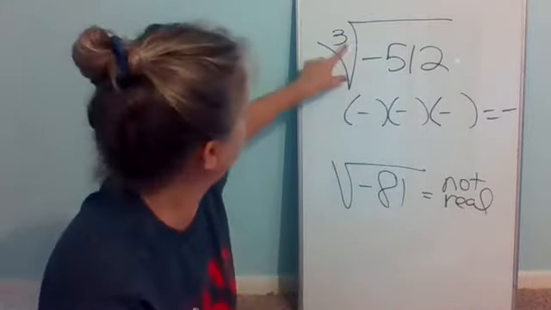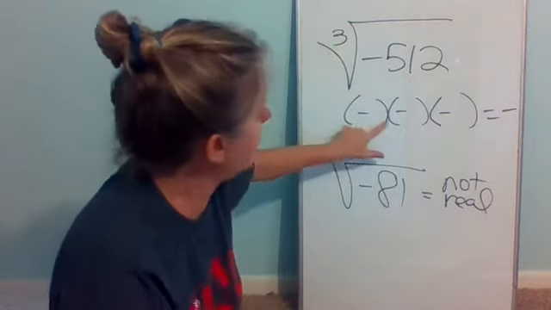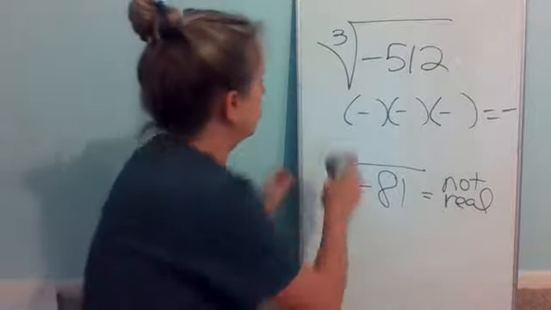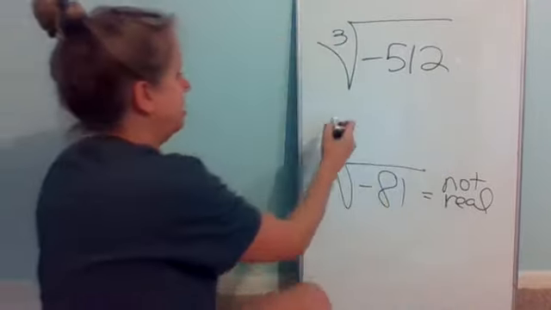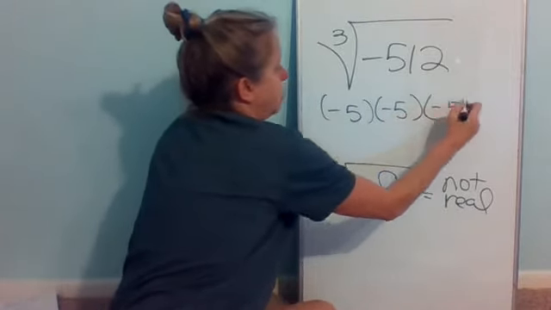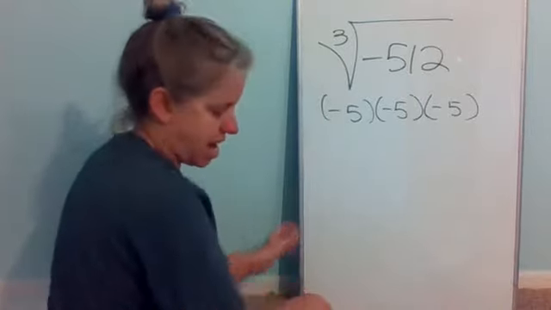So if this is a 5th root or a 7th root or a 9th root, then you can do this. So this number is just going to be a negative number, right? So let's try negative 5 and just see where we get. Negative 5 times negative 5 times negative 5. So I multiplied negative 5 together 3 times.